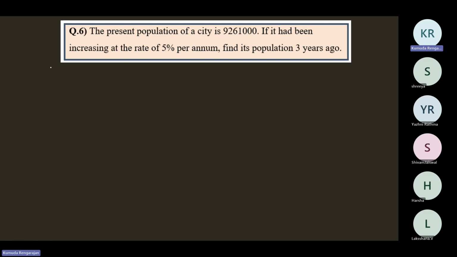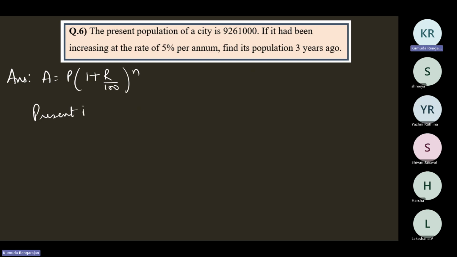All right. So here it's about the present population and the population 3 years ago. Amount is equal to P into 1 plus R by 100, because it's increasing. Rate of increase is 5%, by 100, to the power n. So A here is the present population.